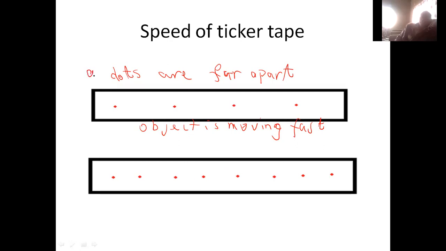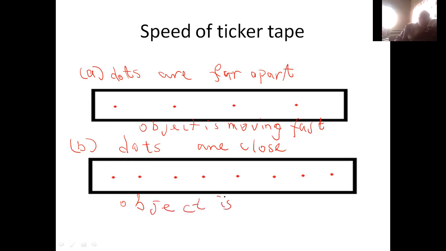This is number A. Number B, the dots are close to each other, and therefore the object is slow. Is moving slowly.